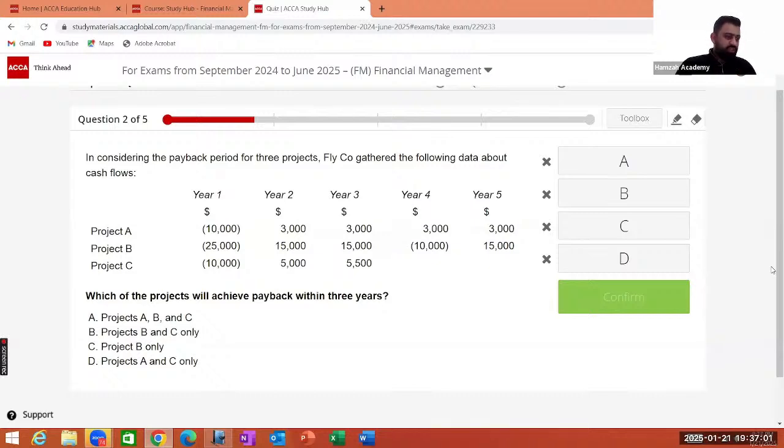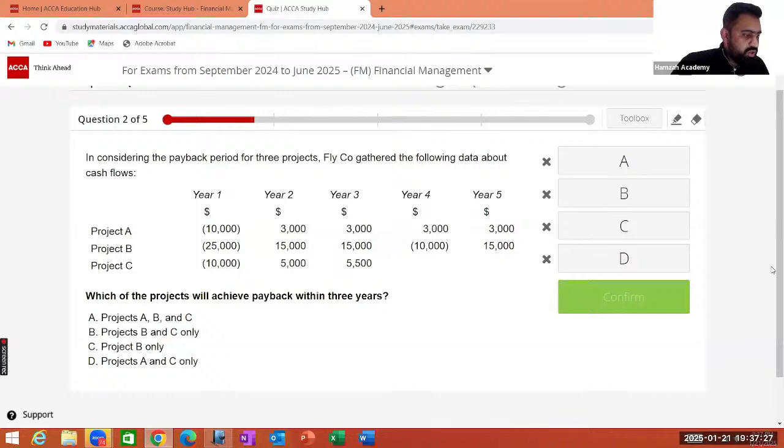The project A would not achieve payback in 3 years, because in year one it is 1,000 outflow, then year two 3,000, and year three 3,000. So in 3 years it still has a negative cash of 4,000. So project A is not the answer. So option A and option D cannot be the answer.